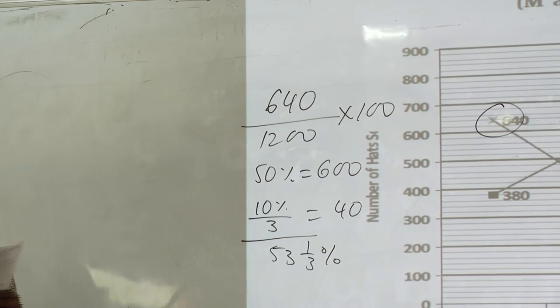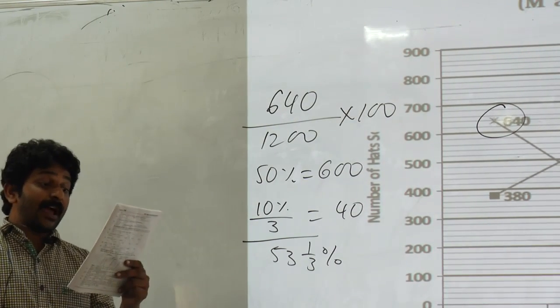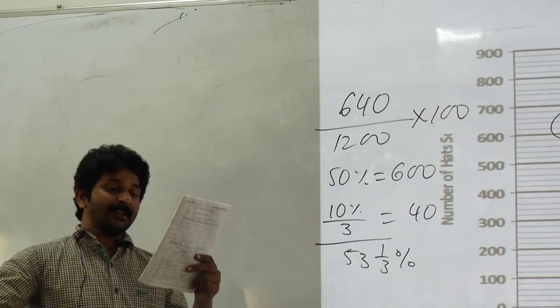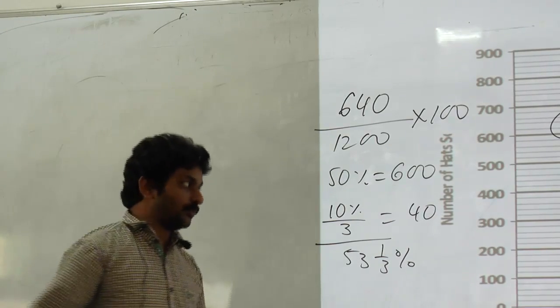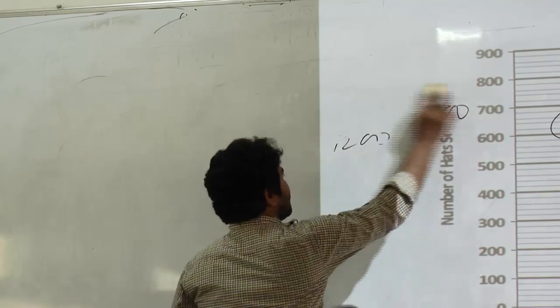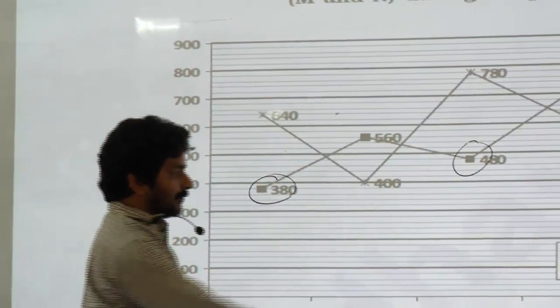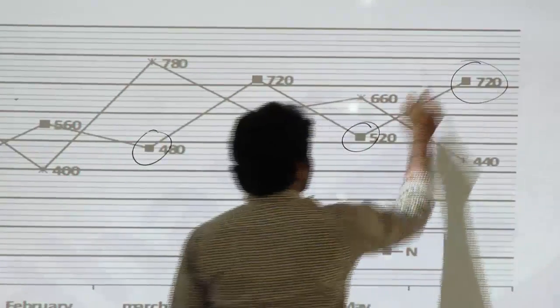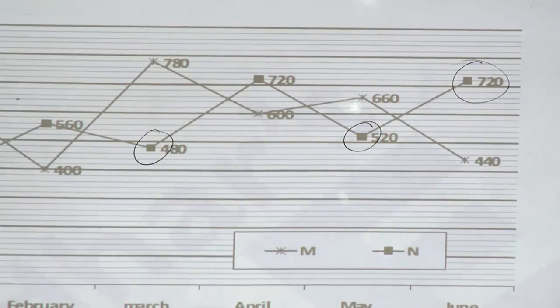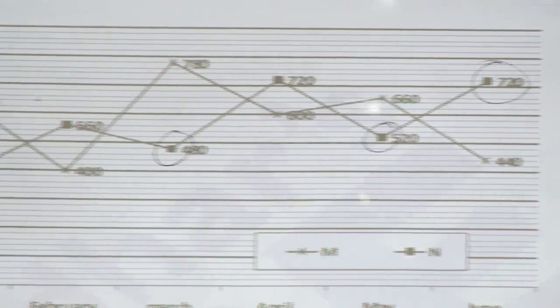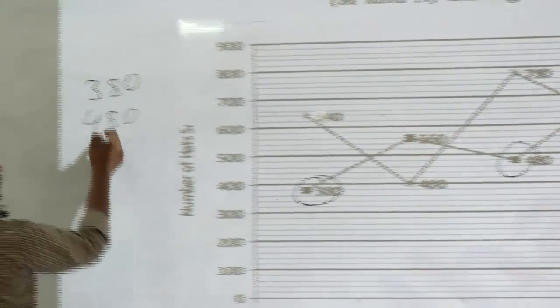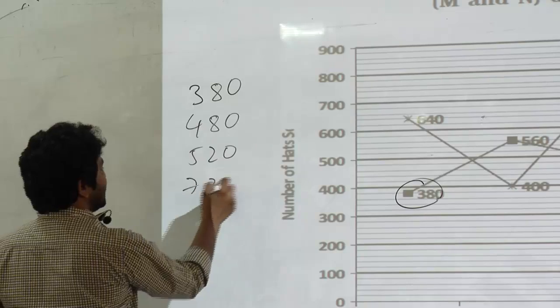Next, 48. What is the average number of hats sold by store N during January, March, May, June? This is about store N. First let me write the numbers here, then we can calculate. 380, 480, 520, 720.